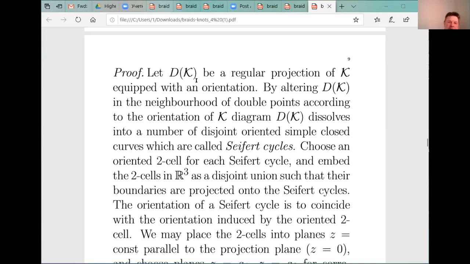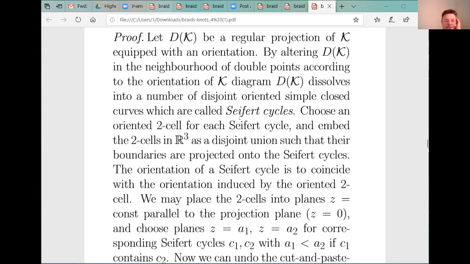This is essential: let us take the orientation, the direction of your knot. So now, at the double points in the neighborhood, you have a double point.